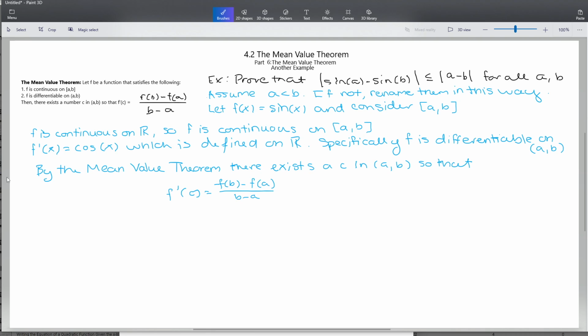F prime is cosine, so this is going to be cosine of C is equal to f of B, which is sine of B, minus sine of A over B minus A. Now, in order to get this really looking like the thing that I'm trying to prove, I'm going to reorder sine A and sine B and B minus A. So I have minus sine A plus sine B over negative A plus B is equal to cosine C.